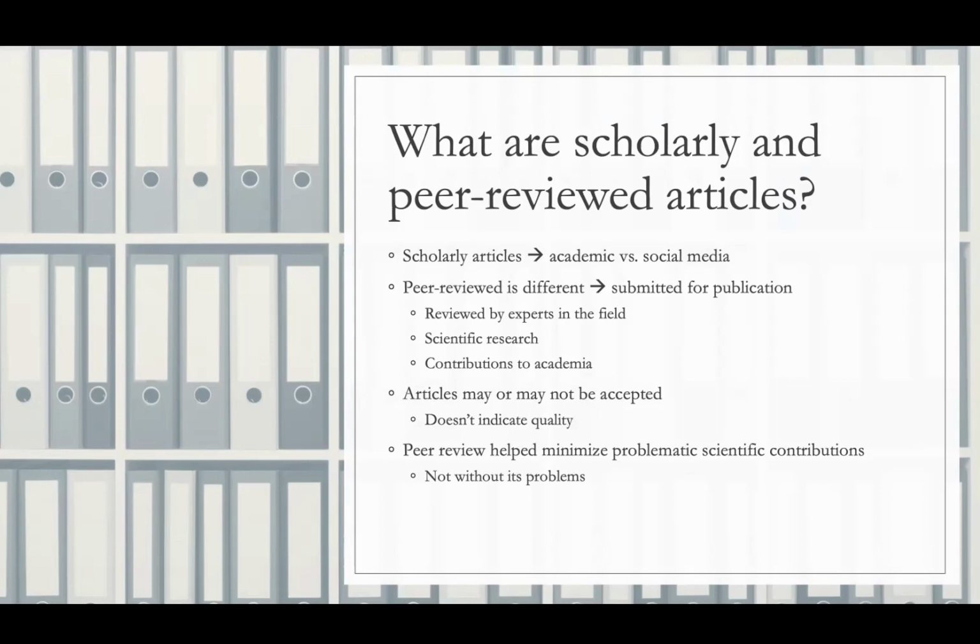But just because it's not been accepted doesn't necessarily mean that it's not of high quality or sound. Sometimes it's just not aligned with the journal. But peer review overall does help minimize a lot of the problematic scientific contributions. And what I mean by that is that if it's not sound, not rigorous, not scientific, it helps minimize those. It's not without its problems at all.